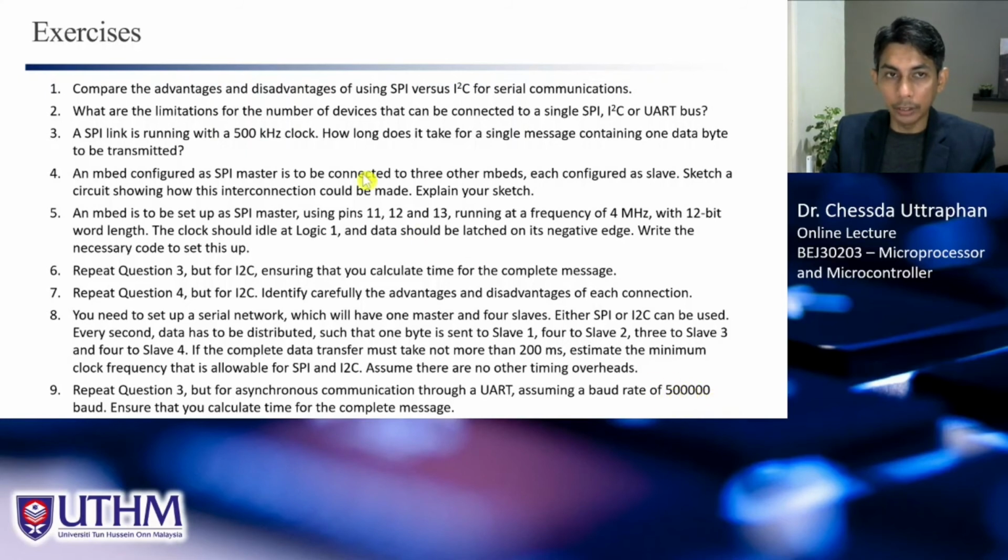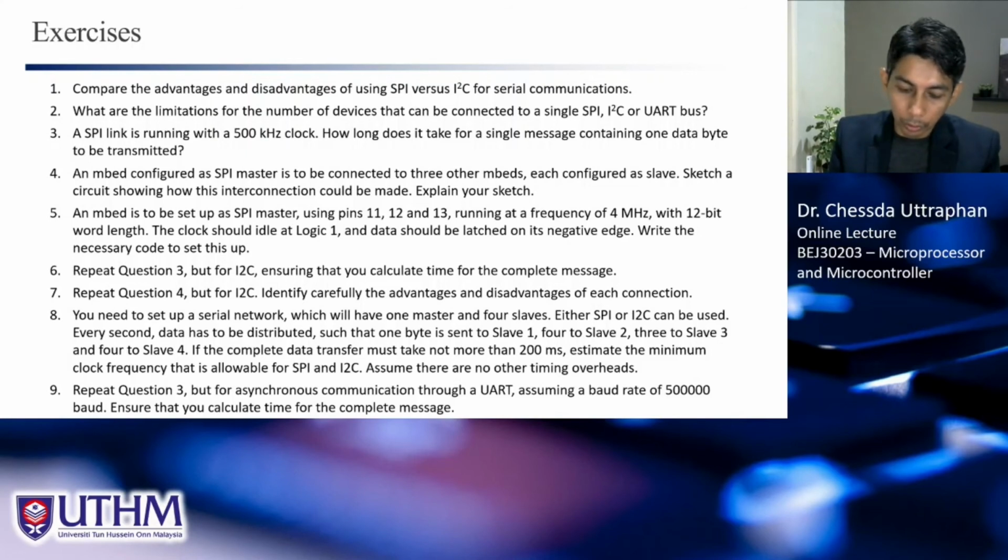This is equivalent to 500 kilohertz actually. So for UART, now let's see how to send 1 byte of data. So let's say that we don't have a parity bit.